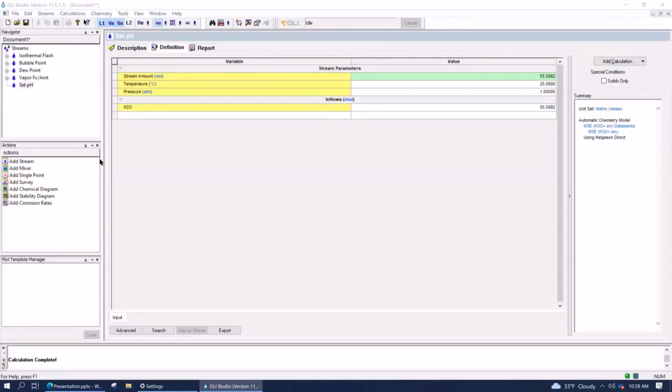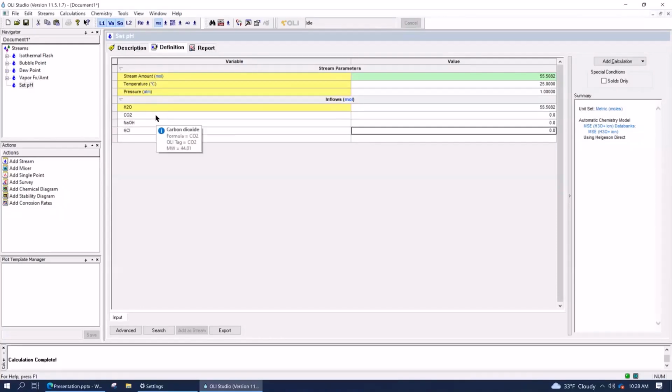What we're going to do is add carbon dioxide, of all things, sodium hydroxide and hydrochloric acid to the grid. Again, we're staying with molecular flows for now, because we're waiting to do cations and anions when we get to chapter 4. We're still in chapter 2 right now.